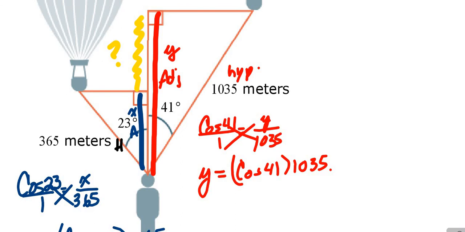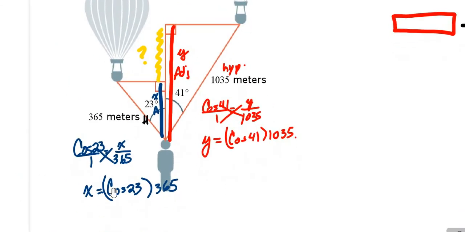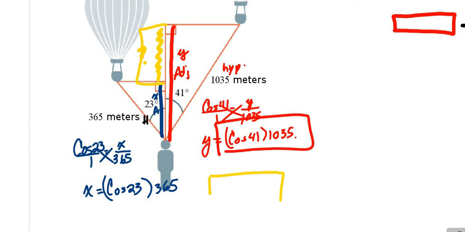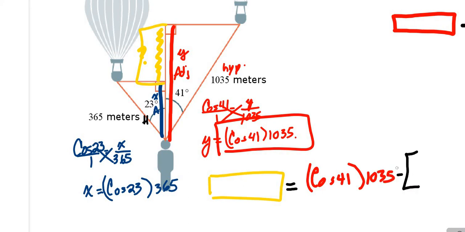Now to get the yellow, we have to subtract these two, which would be the red. So our yellow is going to equal the red, which would be cosine 41 times 1035, minus, and when you put this in ALEKS, you have to put this in brackets, cosine 23 times 365.